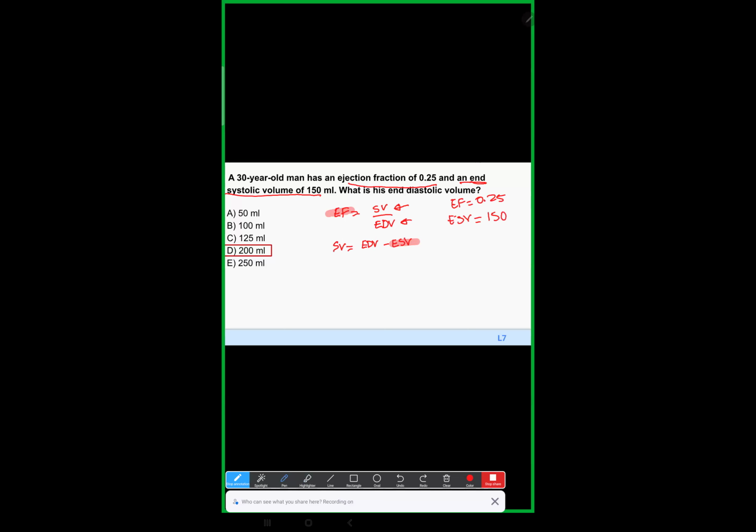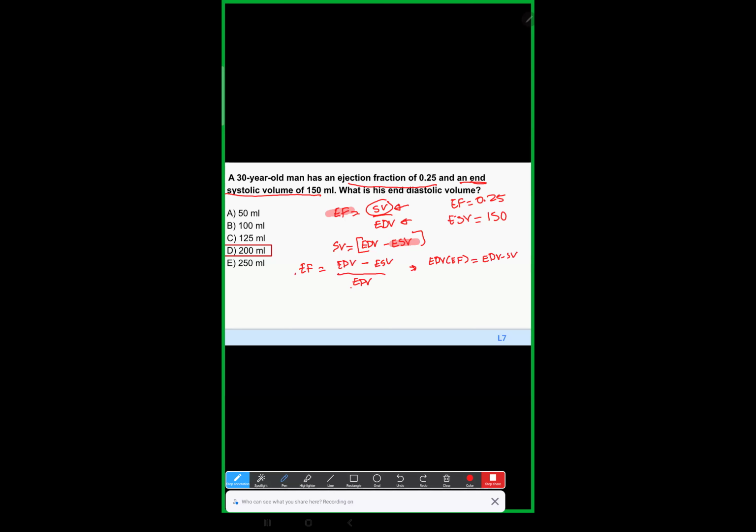Now, to make this easier, I'm going to substitute stroke volume with this equation right here. So what we get is ejection fraction is equal to EDV, or end diastolic volume, minus end systolic volume, over EDV. Now we can further simplify this equation. We multiply by EDV on both sides. We get EDV times ejection fraction, which is equal to EDV minus ESV.